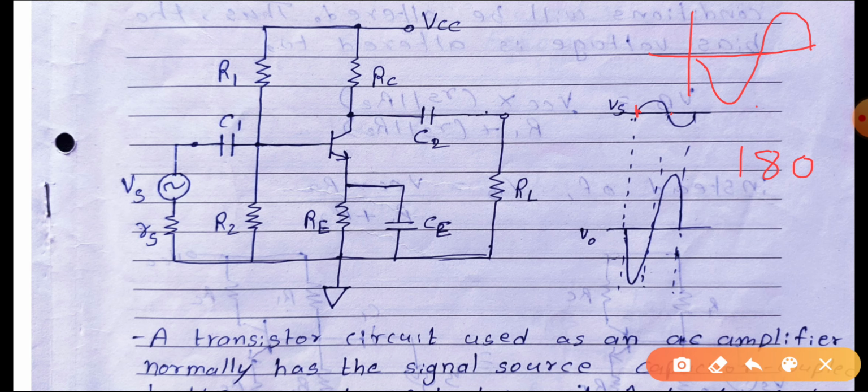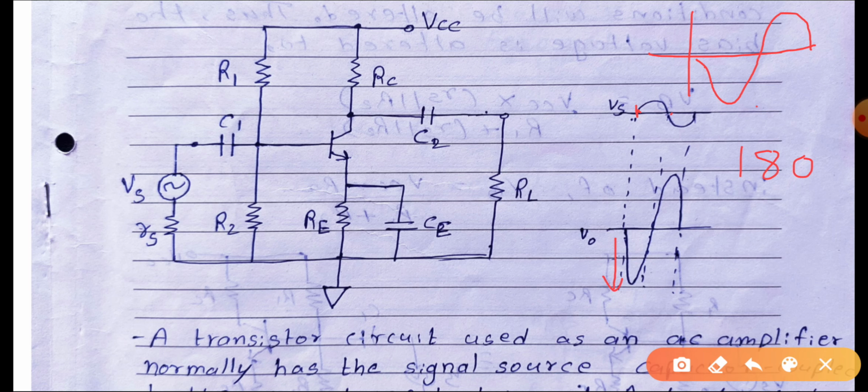So again I will repeat, as the input voltage increases in positive direction, the input current IB increases, resulting the output current IC also increases. When IC increases, voltage drop across RC, that is IC into RC, will also increase, resulting in the decrease in output voltage, that is it will decrease the output voltage in negative side.